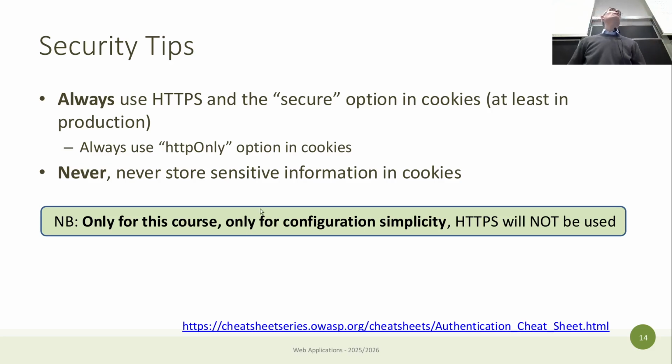Just for convenience, because setting up HTTPS means we need to create a certificate. Since we don't have a certification authority, it has to be self-signed, or if we really want a certification authority, there are some free ones that can sign your certificate, but then you need to have a web server exposed on the internet with your code and so on. So many complicated things that we don't want to address here.